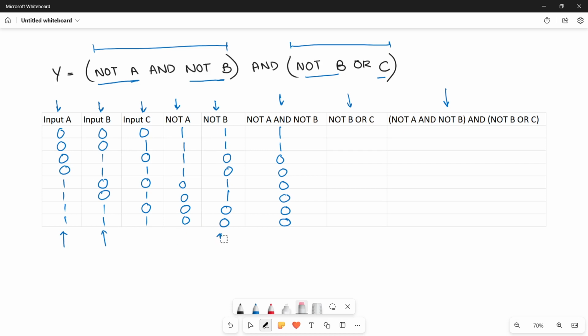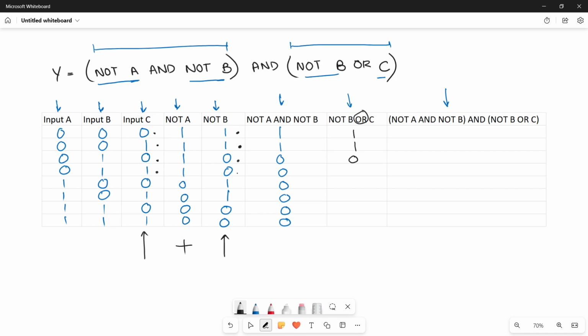Now quickly doing it for the next bracket, that is not B or C. So let's consider not B and C, input C. And what you have to do, you have to do an OR operation, or in other words, it will be an addition between them. So 0 plus 1 is a 1. Then 1 plus 1 is a 1. 0 plus 0 is a 0.